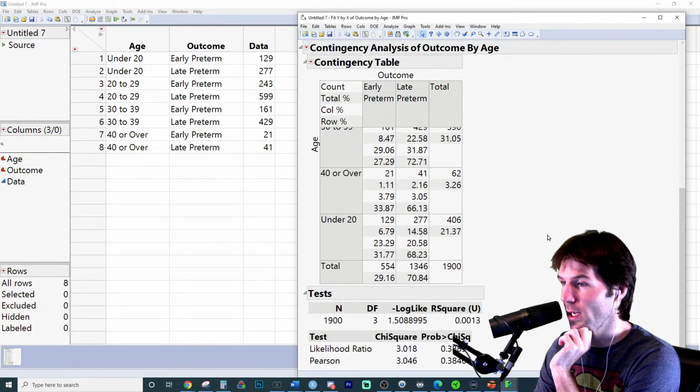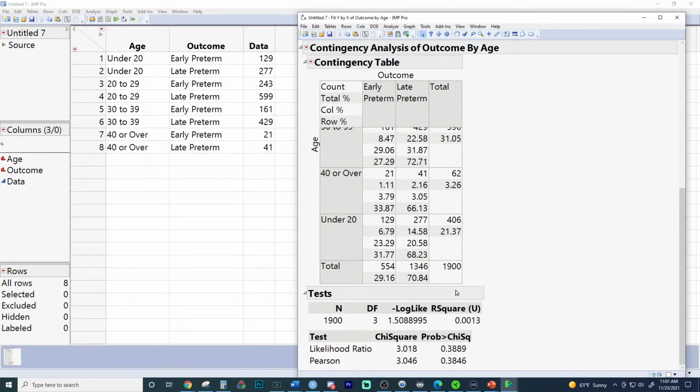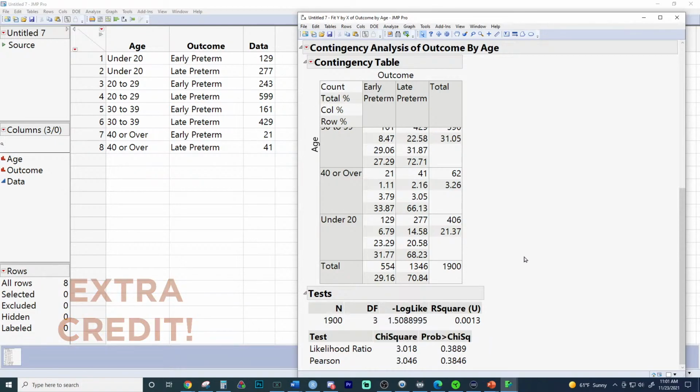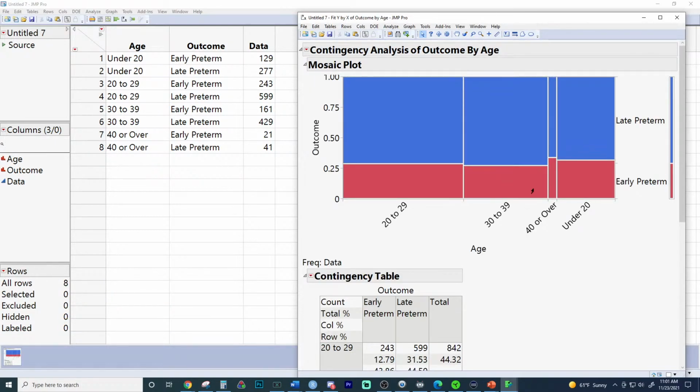It does not, I agree, and you are totally right. 100 points again, Jillian. You were able to look at it and see there doesn't look to be an association, because the differences between these groups are probably just due to random chance. You're talking about the heights within each group.